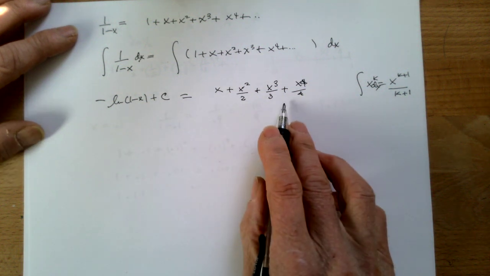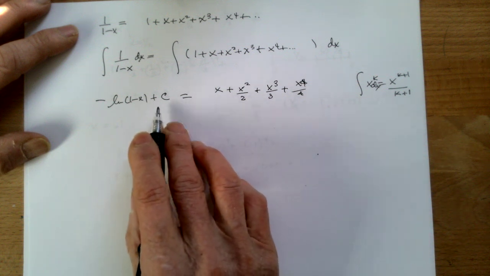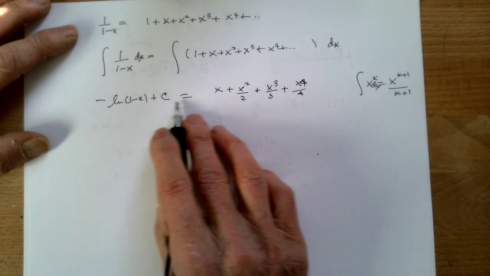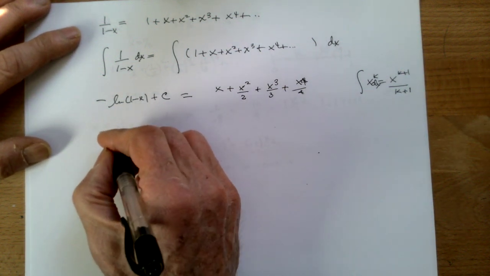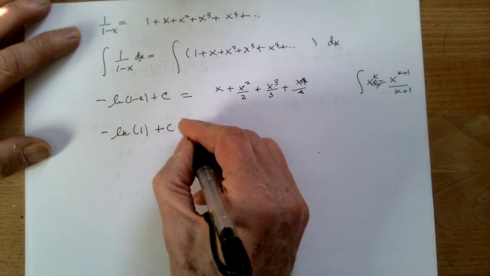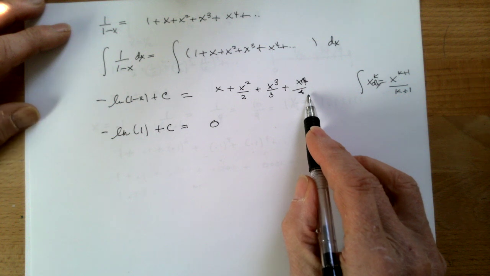Now, that's kind of an interesting formula because I have an expression for the natural log. The problem is that c. But what I'm going to do is plug in x equals 0 on both sides. Let's see what happens. I plug in x equals 0, I get natural log of 1 plus c equals 0, because each of these terms is going to be 0 since I'm plugging in x equals 0.